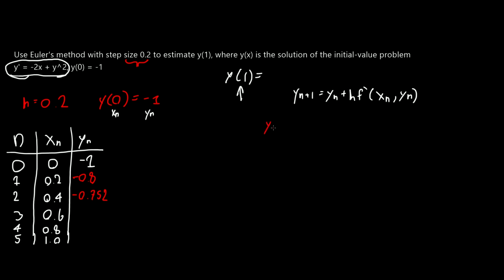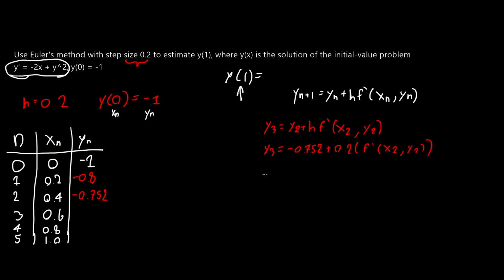So now we're solving for y sub 3, and it's going to equal y sub 2 plus h multiplied by f of x sub 2, y sub 2. So y sub 3 is going to equal y sub 2, which is negative 0.752, plus our step size h, 0.2, multiplied by f prime of x sub 2, y sub 2.